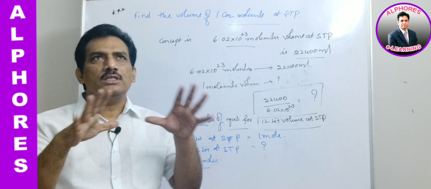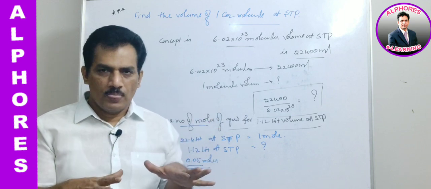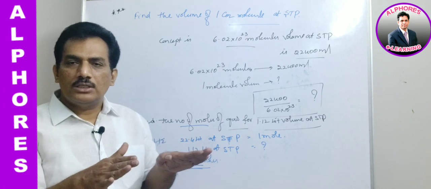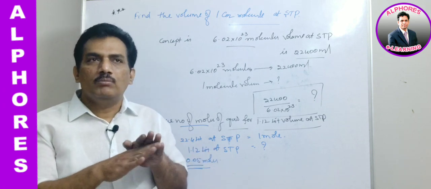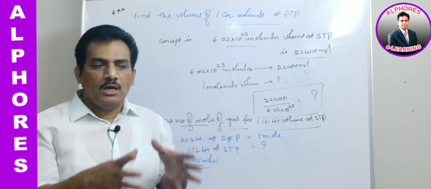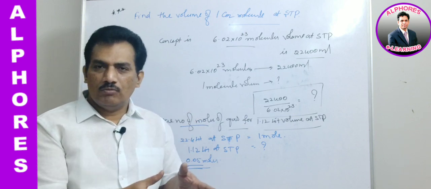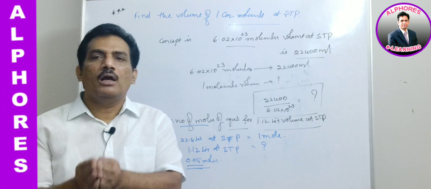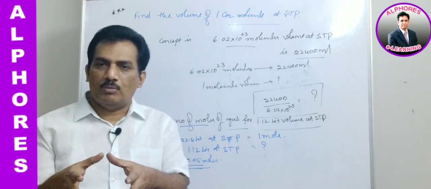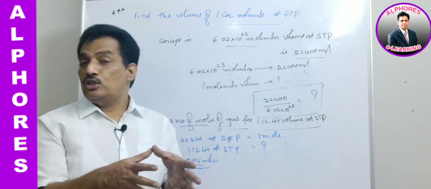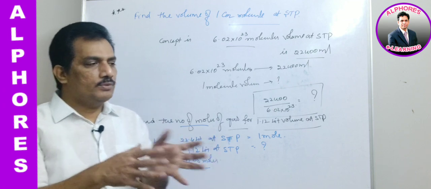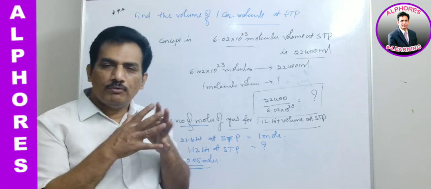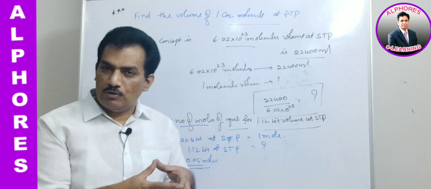So with all the concepts we learned till now, we have to use them in calculations. That is, in balanced chemical equations, how much of the reactants are involved to get how much of the product, or when that much product is formed, how much of the reactant is involved, or if certain products are formed with a given volume, how much of the reactants has to be involved.